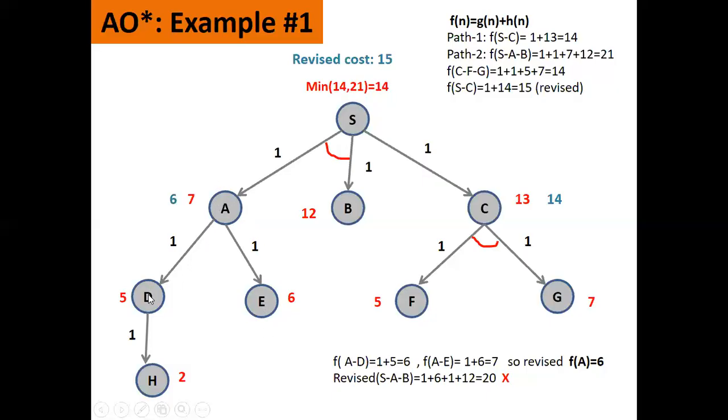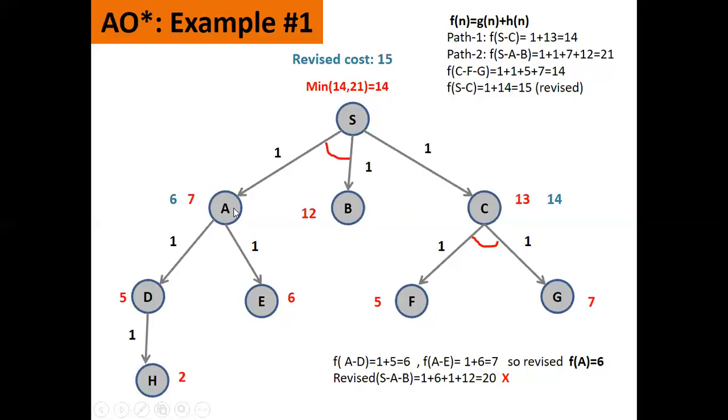Now, to calculate from A to D, the path will be: f of A, g(n) will be 1 and h(n) is 5. So it is 5 plus 1, that is 6, right? A to D. Here I have written f of A to D as 1 plus 5, that is 6.